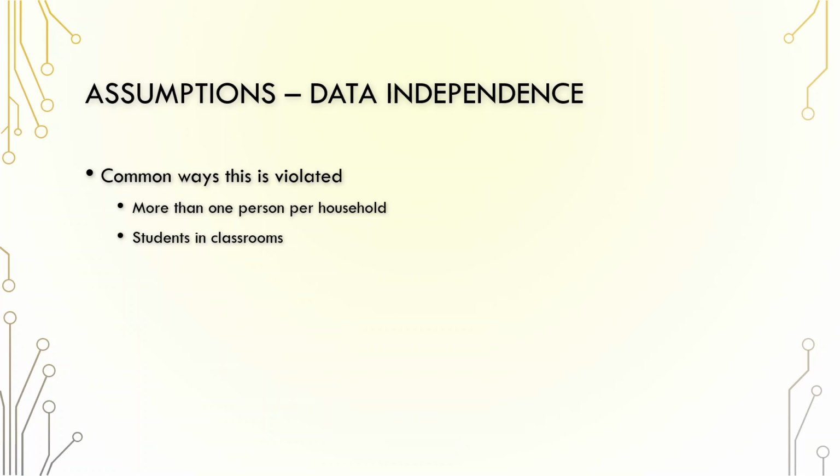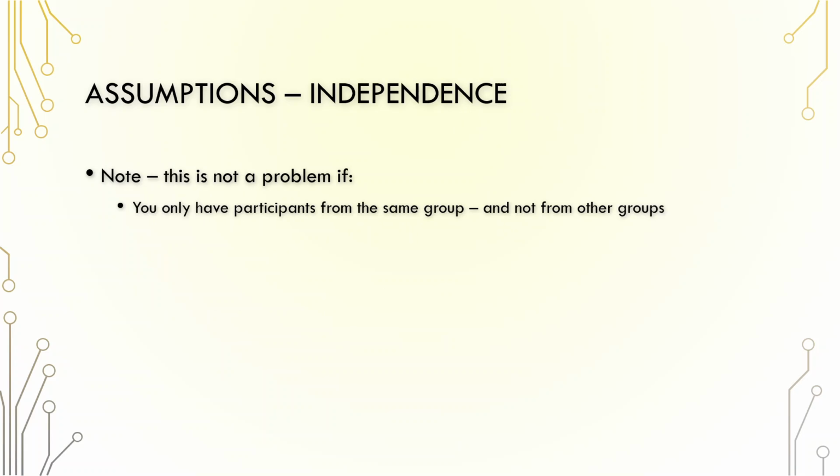But the problem is kids within the same classroom might have answers more similar to each other than to people in other classrooms. Or couples, we already mentioned. Or maybe you've got multiple employees from the same office, but then you have a bunch of different offices. So there are lots of ways that we potentially can violate this.